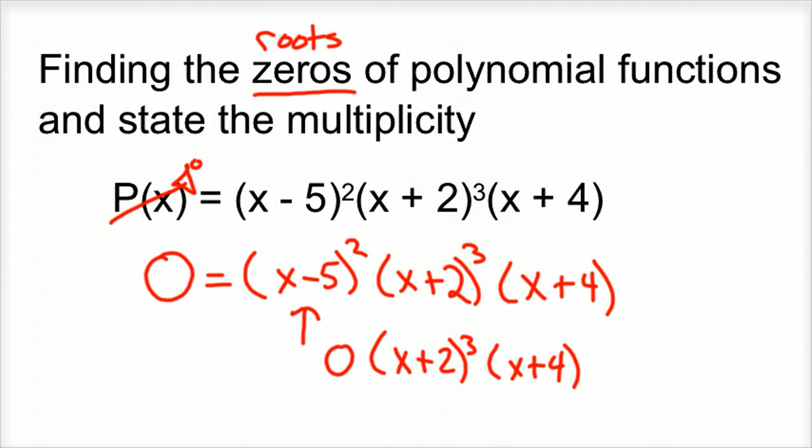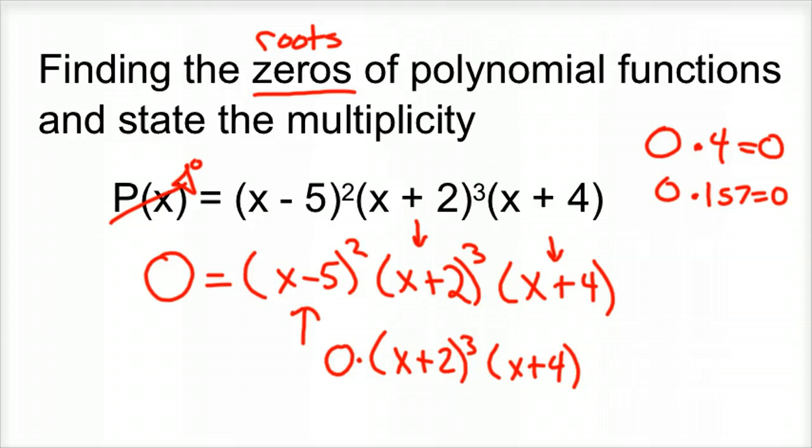And 0 times anything, we learned way back when, hopefully, 0 times the number 4 is 0. 0 times 157 is 0. Same goes here, 0 times anything is 0, and it goes for all three of the binomials.